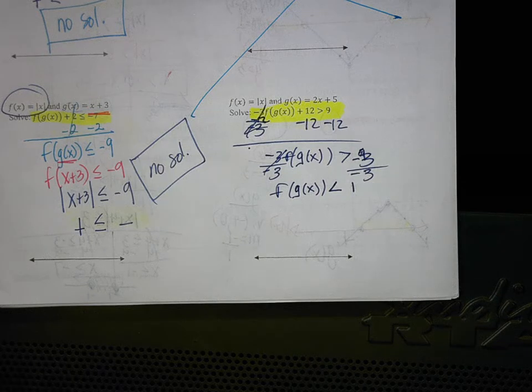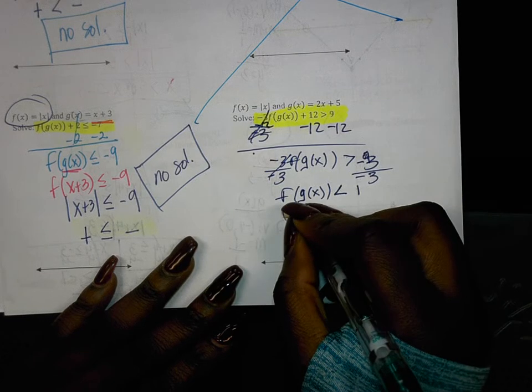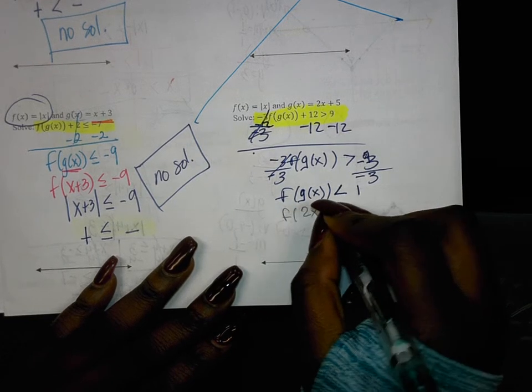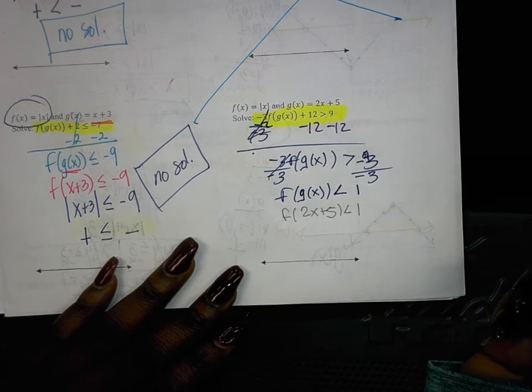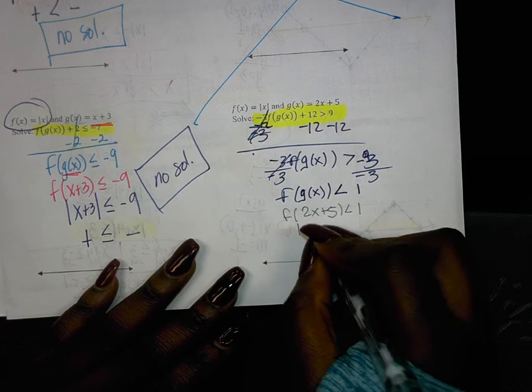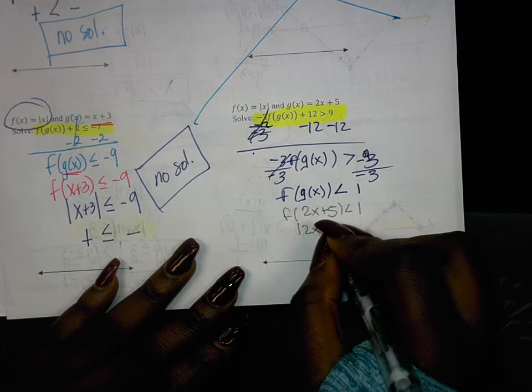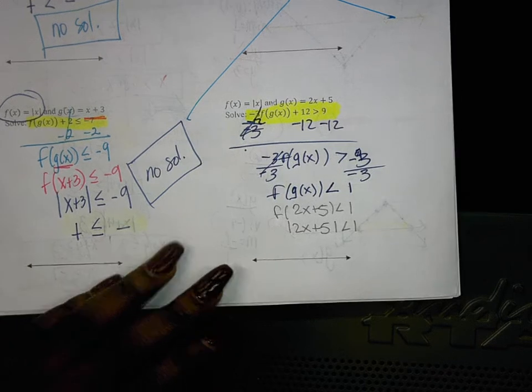When we do that, we get f of 2x plus 5 is still less than 1. Then we're taking our 2x plus 5 and plugging into our f equation, which makes it the absolute value of 2x plus 5 is less than 1. Perfect. Thank you. Grab your candy on your way back.